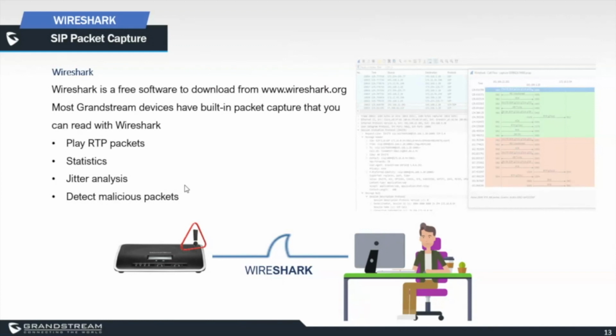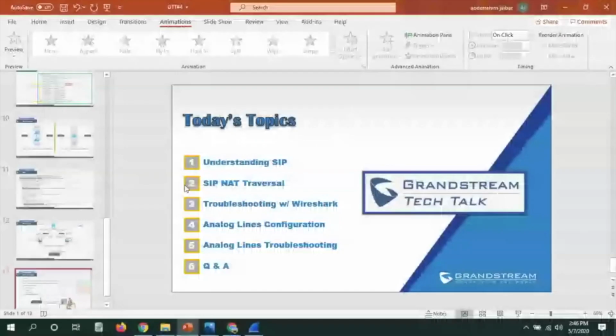And we're going to go through this when I have a few slides that I took that we're going to play with. And you can also use it to detect any malicious packets, like someone who is trying to register to UCM or someone who is trying to make calls out of UCM. So with packet capture, it helps you a lot identify the issues.